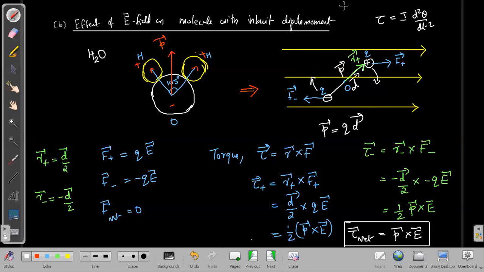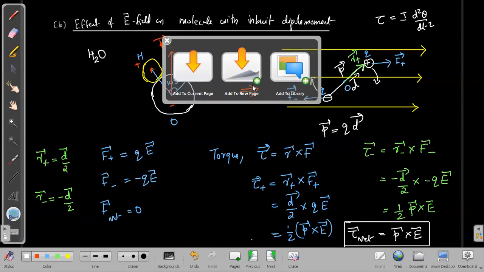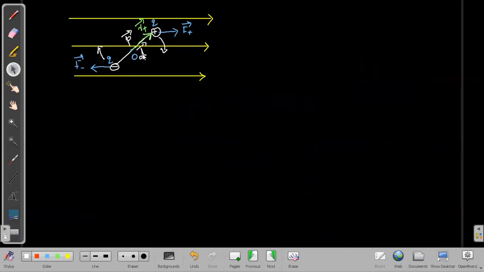So for that, we can go to the next page and copy this diagram in order to save your time. Okay, so this is the case. This is step 1.